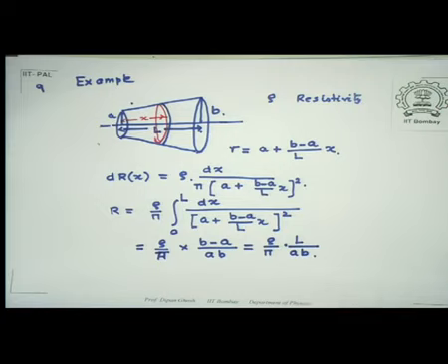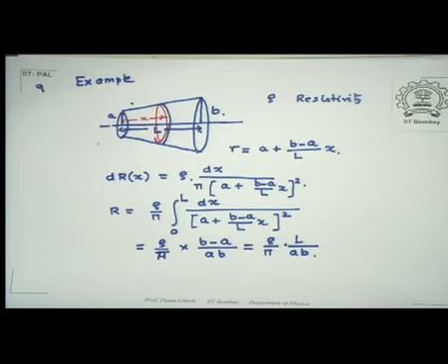L is the length. You notice that supposing a were equal to b, then I will get the resistance to be given by rho L by pi a square, which is what I expected for a normal cylindrical conductor.